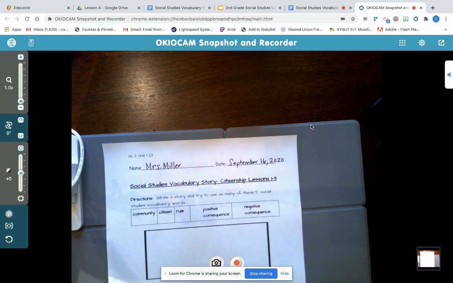Now the directions say, write a story and try to use as many of these 5 social studies vocabulary words as you can. So let's see, the vocabulary words are community, citizen, rule, positive consequence, negative consequence. I think we could challenge ourselves to use all of those.